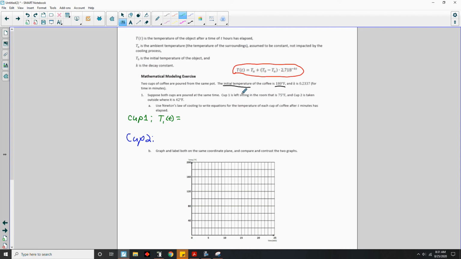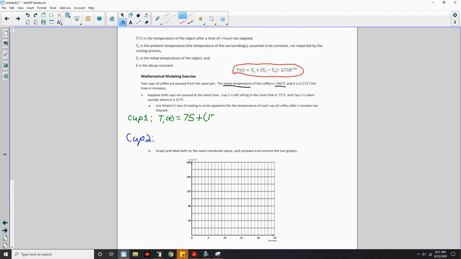Cup 1 is left in a room that is 75 degrees Fahrenheit, so T sub A is 75, plus T sub 0, the initial temperature of the coffee, 180 degrees Fahrenheit.